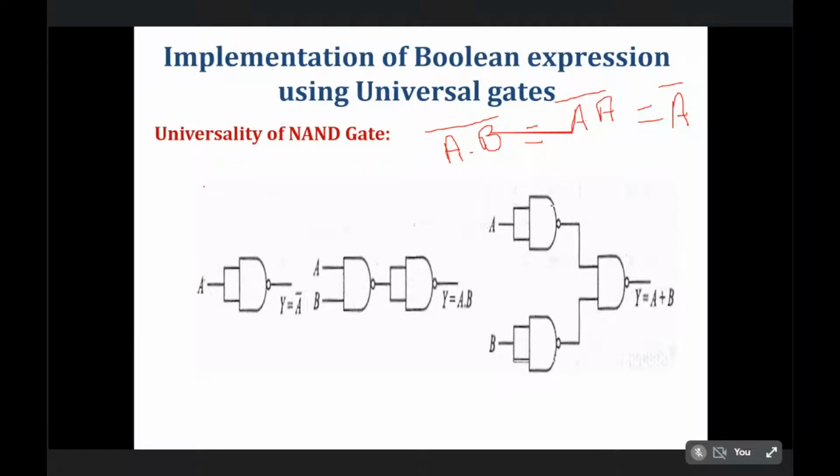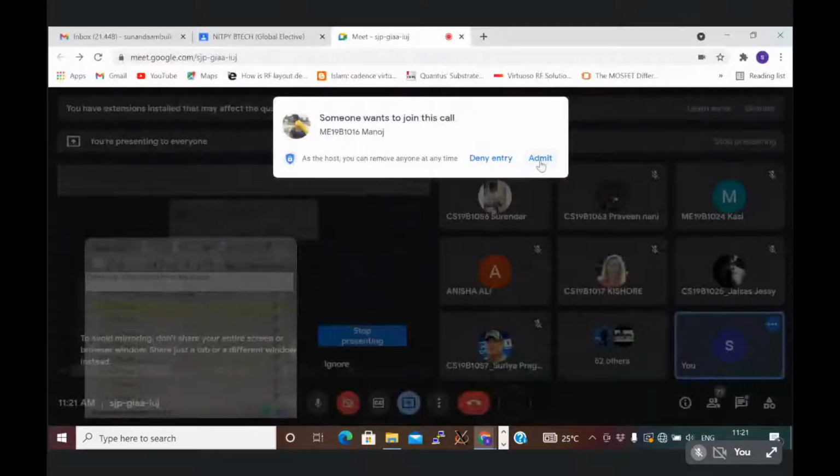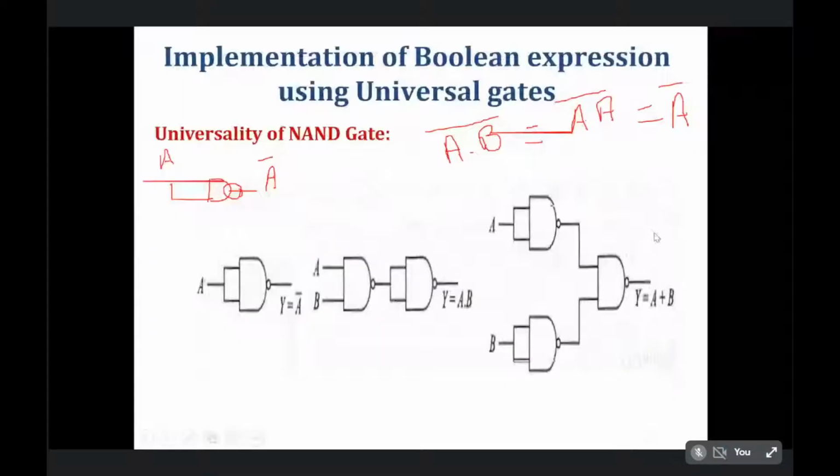We just have to short these two inputs, and this will be the NAND that creates A bar. So this is the NOT gate.